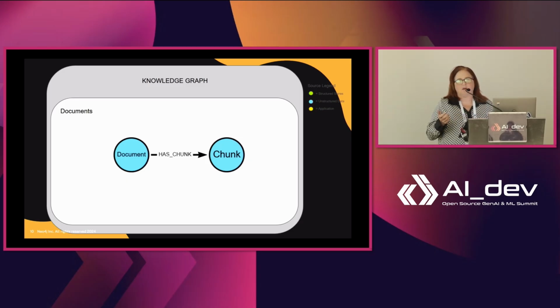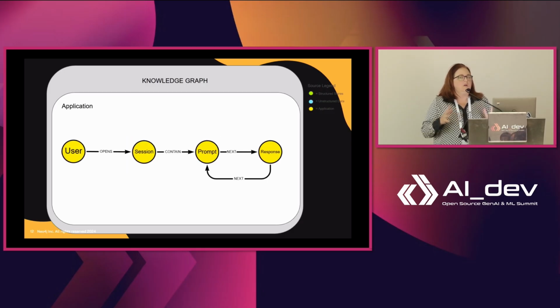The nice thing about using the embedding as a property is that if you decide you want multiple embeddings because you have different applications, where one uses, I don't know, GPT-X and one uses Sonnet or Claude or something else, you can have multiple embeddings on the same chunk. But the key here is that there's a relationship between that chunk and that document, right? We also want to look at, and what we're going to be talking about today, is using a knowledge graph for your tracking.